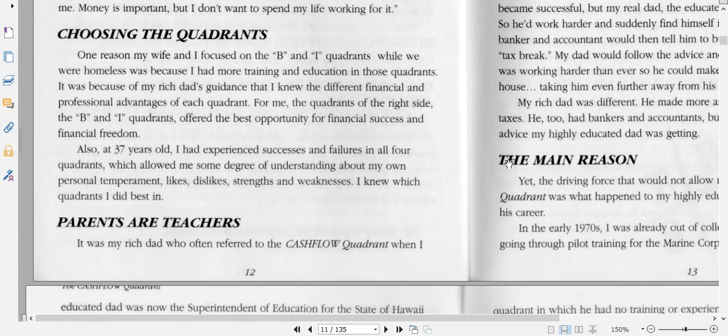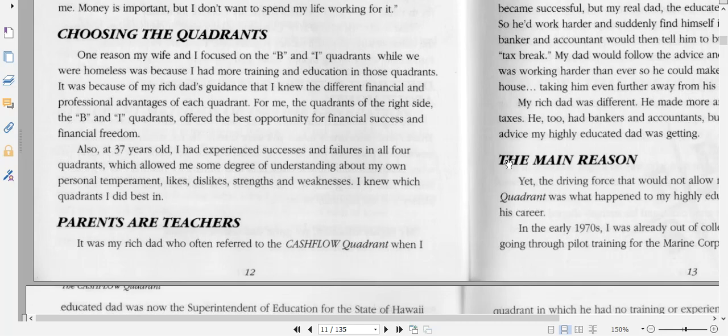Choosing the quadrant. One reason my wife and I focused on the business and investment quadrant while we were homeless was because I had more training and education in those quadrants. It was because of my rich dad's guidance that I knew the different financial and professional advantages of each quadrant.